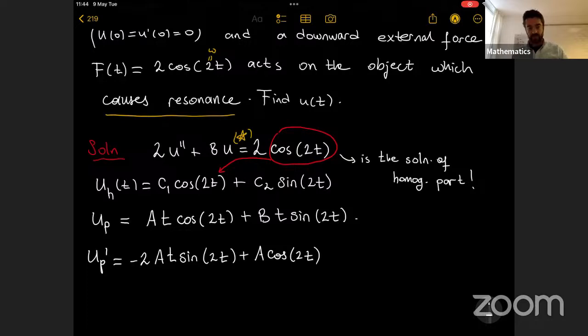We use the product rule here. Now we move to the second one, b times t times sine 2t: 2bt cosine 2t plus b sine 2t, right? This is the derivative.